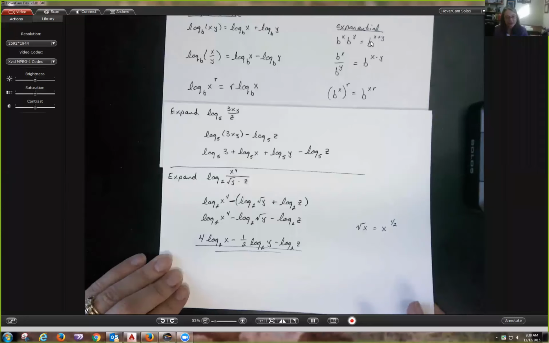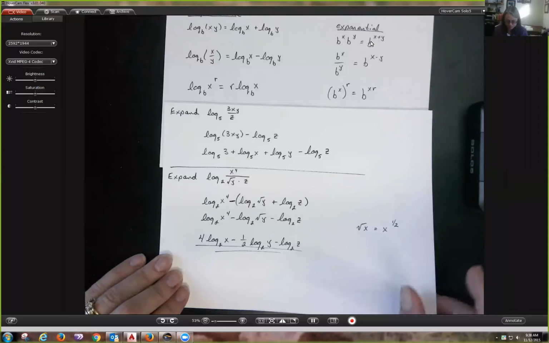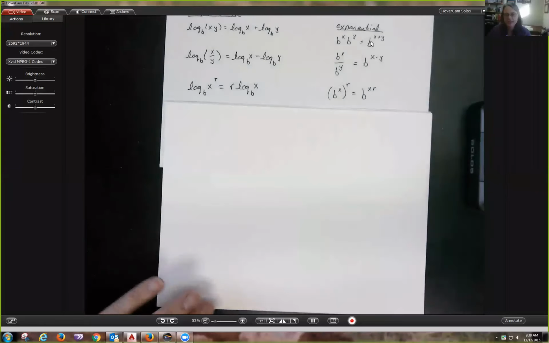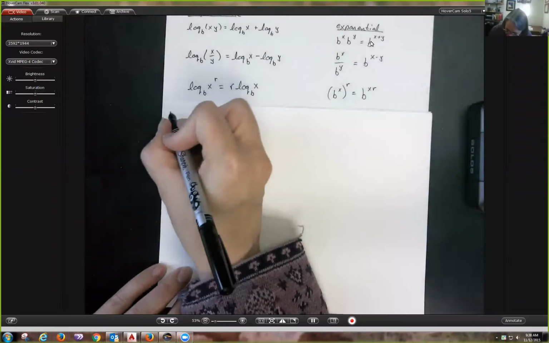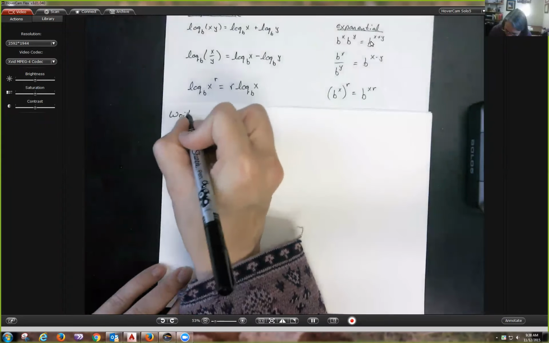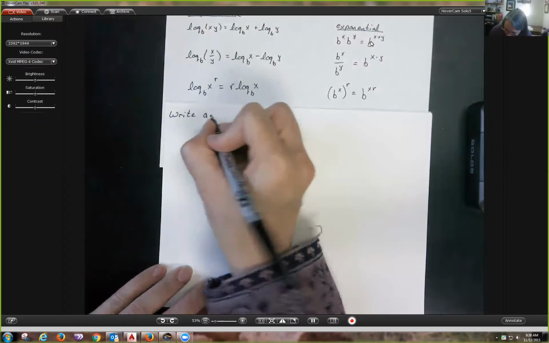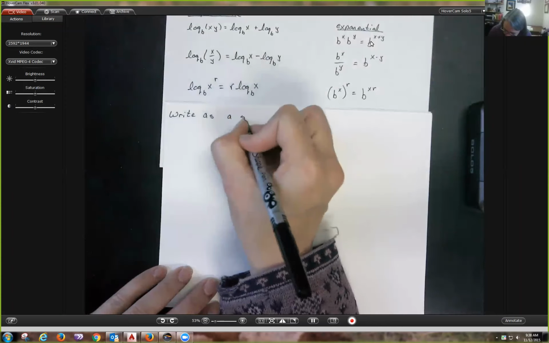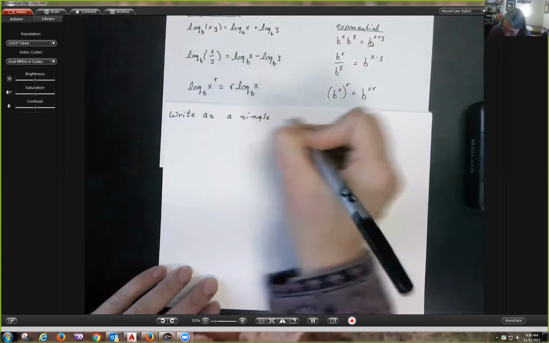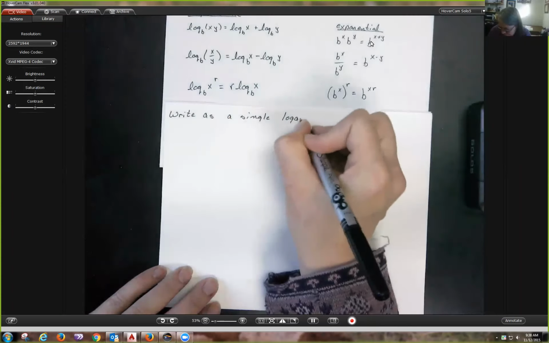Let's do another example wherein we go the other way. So sometimes instead of expanding, we are asked to write as a single logarithm.